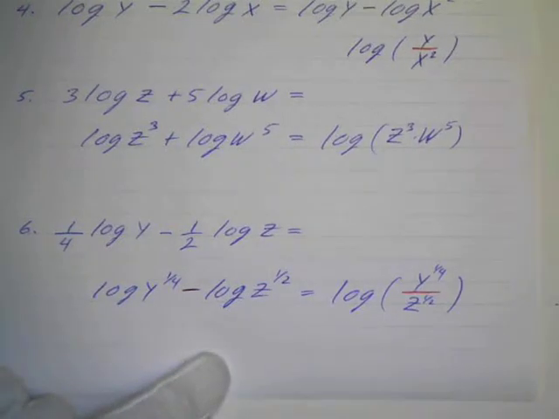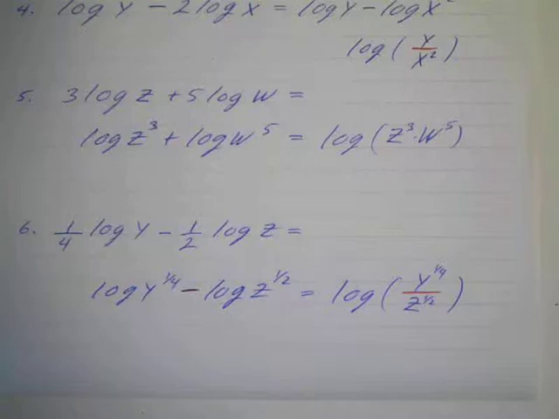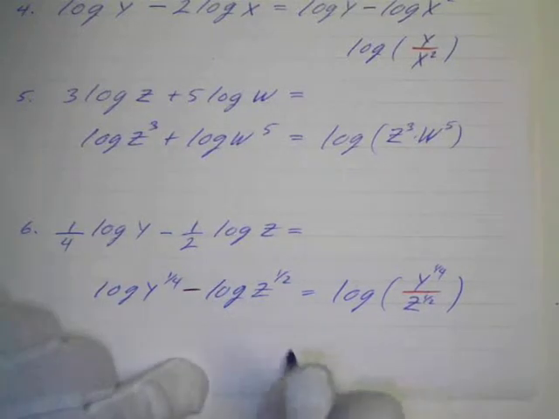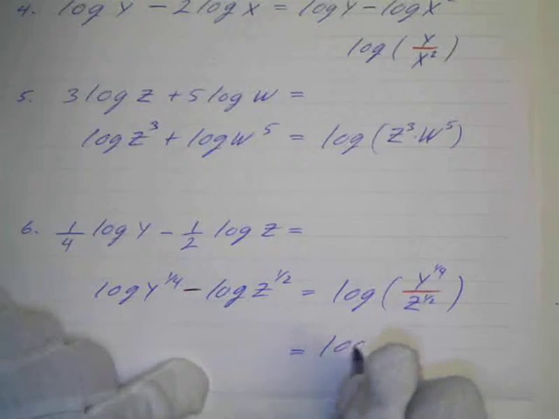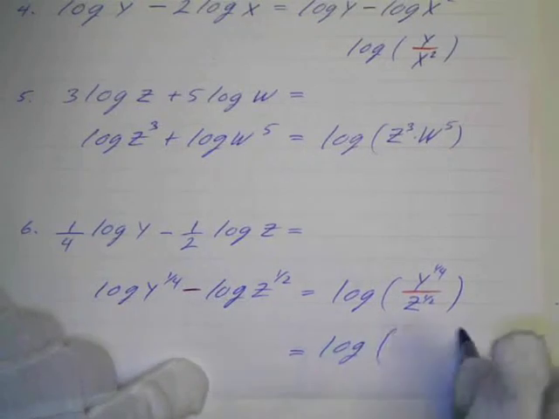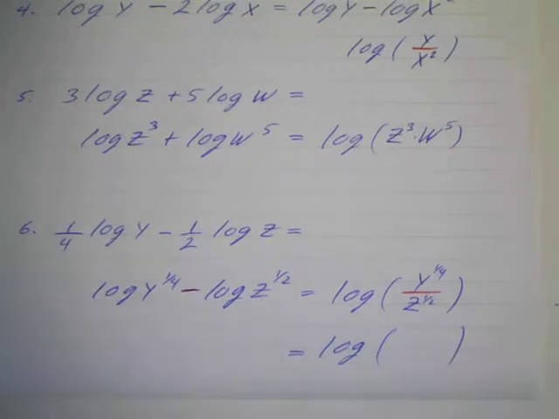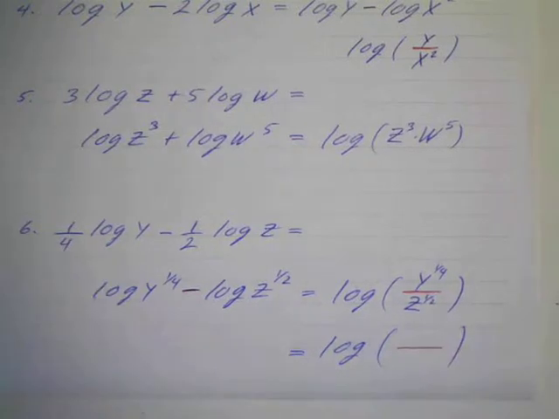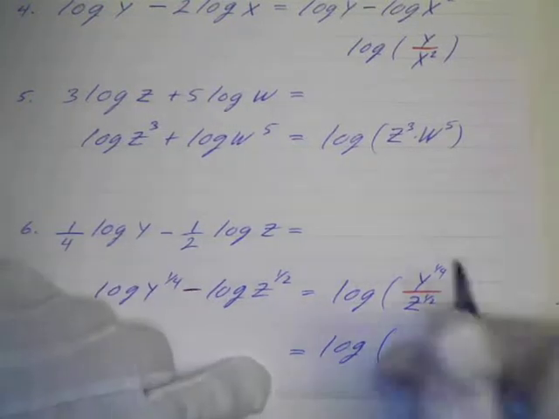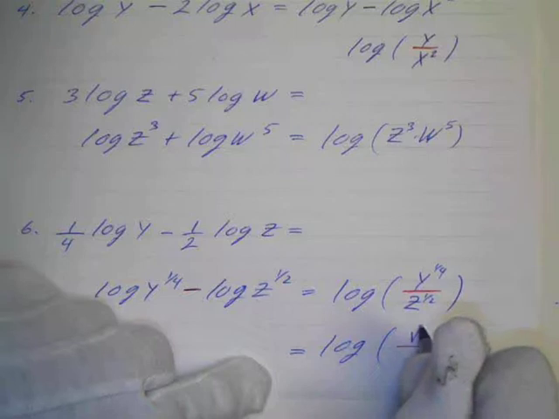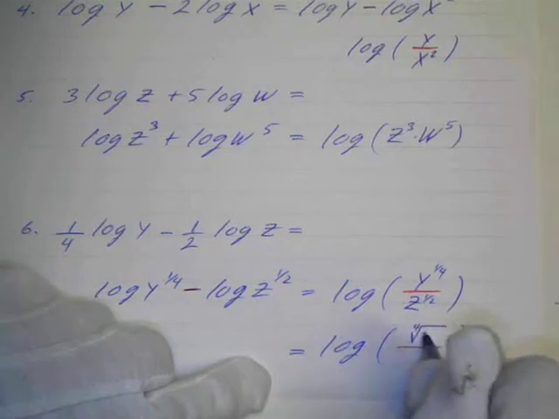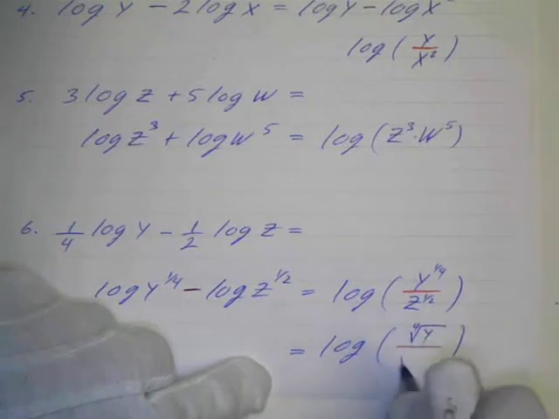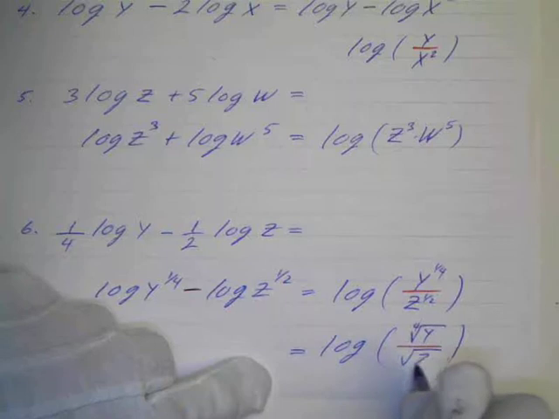Now we could see this in root form rather than exponent form. So we could rewrite it like this, log to the base 10, and again there's our fraction bar, the 4th root of y. That's the 1/4 power, so we could write it like this with a 4 there of y, and the square root of z.